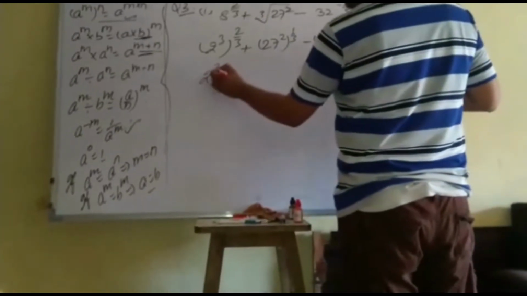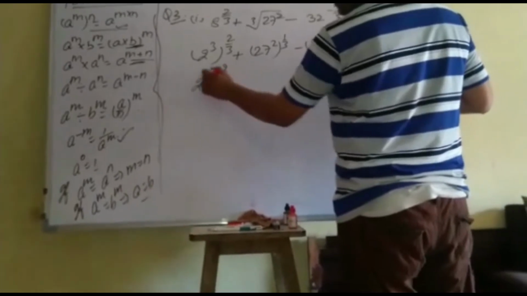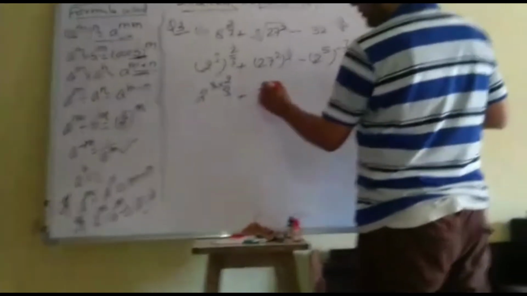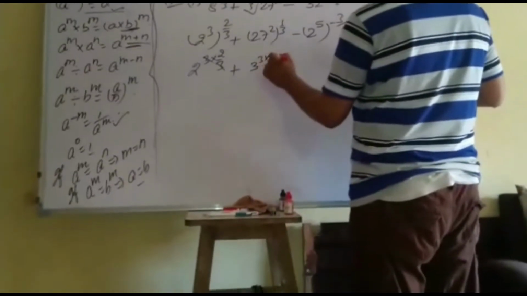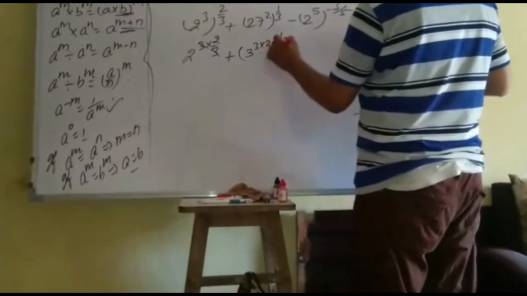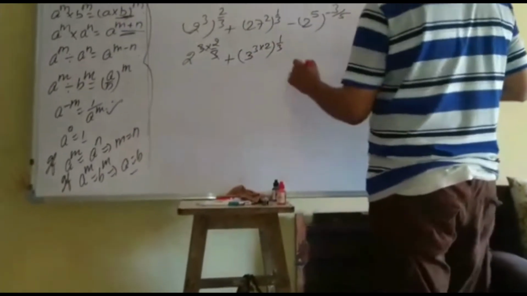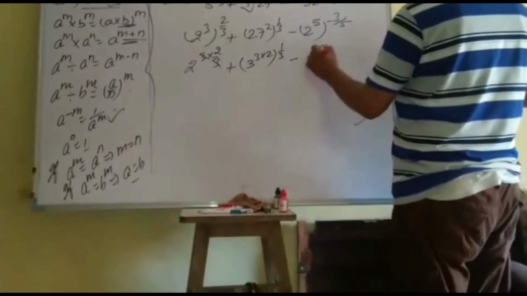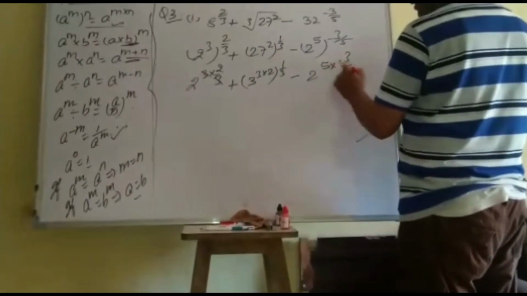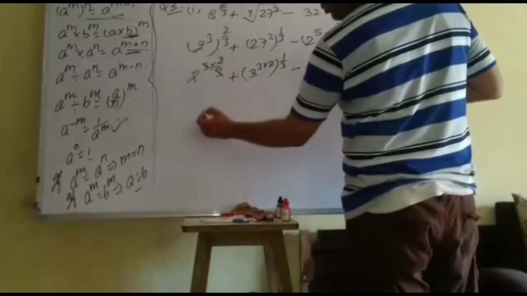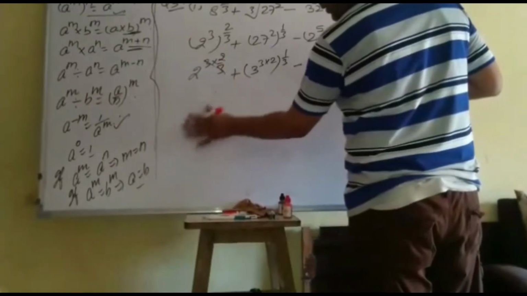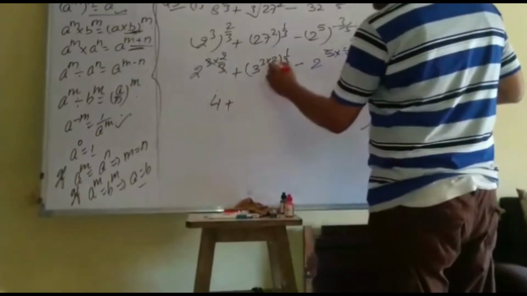So 3 into 2 by 3 cancel, plus 3 cube into 2 whole raised to 1 by 3, minus 2 raised to power 5 into minus 3 upon 5 cancel. So 2 raised to power 2, that is 4.